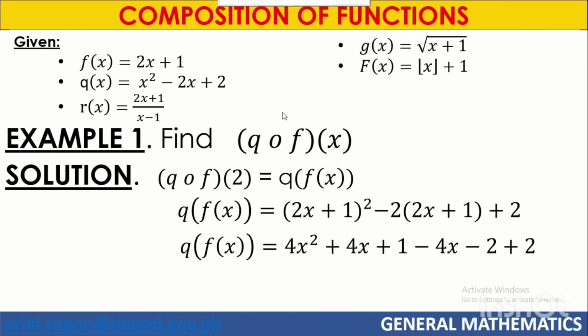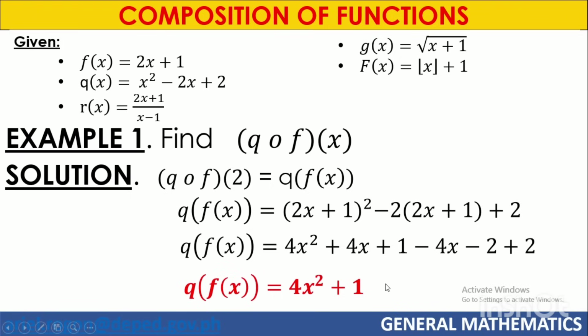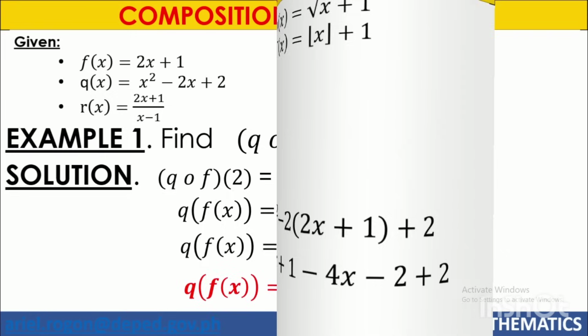So again, simplify. The final answer should be 4x squared plus 1. Why? Okay, so copy 4x squared. 4x minus 4x is 0. 1 minus 2, so this will be negative 2 plus 2, 0 na. So 4x squared plus 1 ang final answer natin dyan. Okay? Another example.